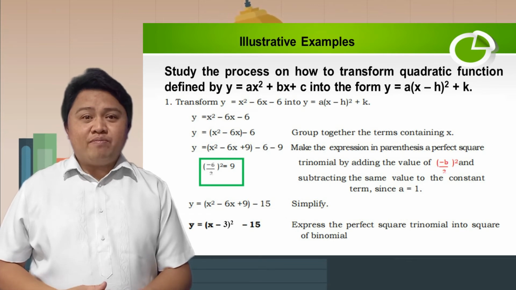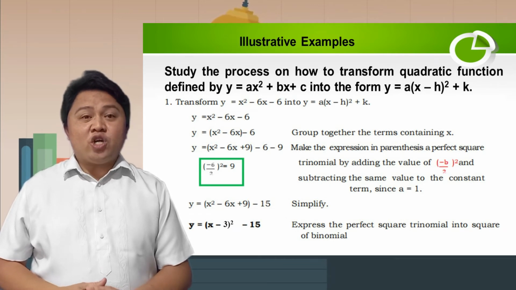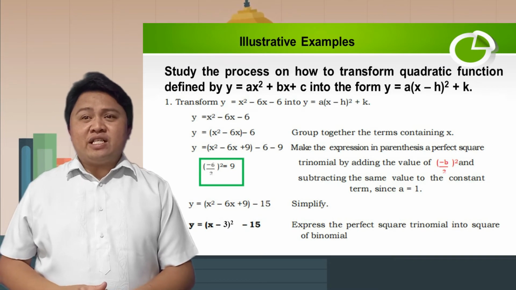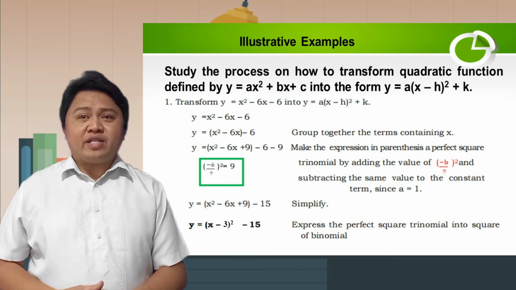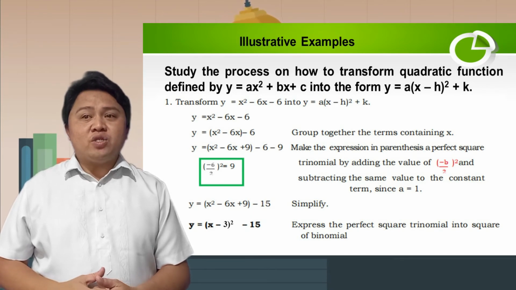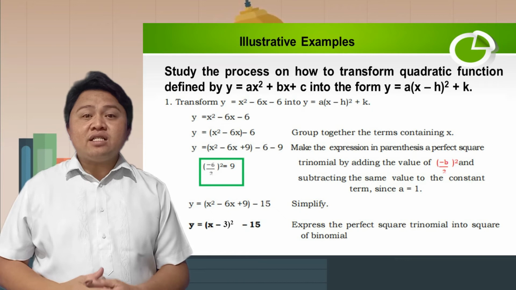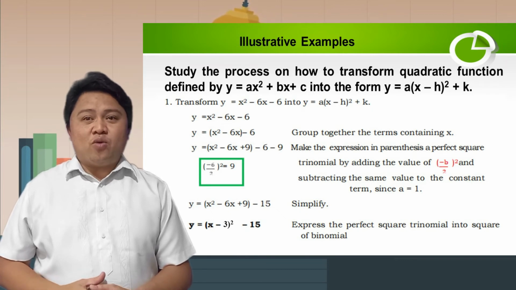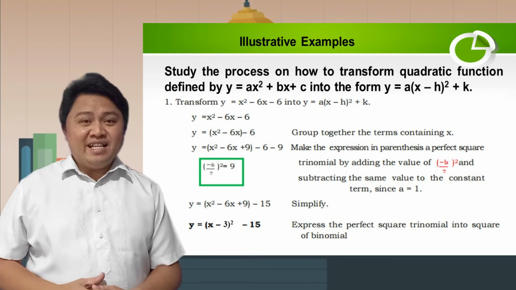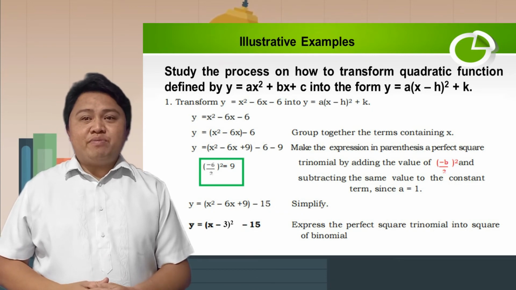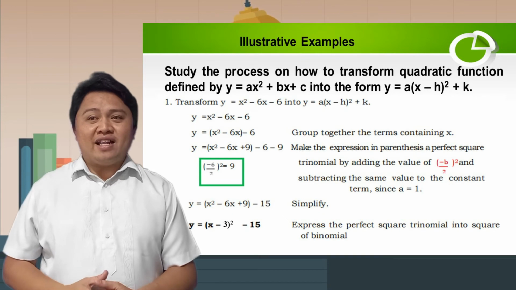The second step, group together the terms containing x. Then, make the expression in parentheses a perfect square trinomial by adding the value of negative b over 2 squared and subtracting the same value to the constant term since a is equal to 1. And then, simplify. And then the final answer will be to express the perfect square trinomial as the square of a binomial.